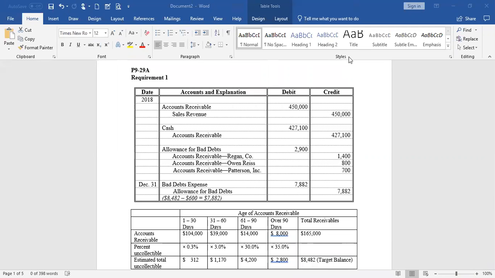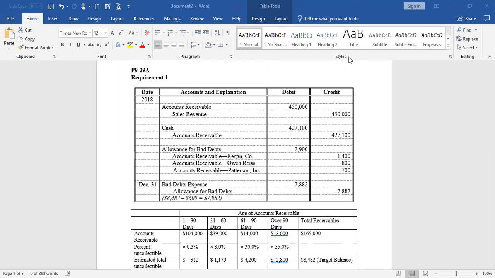The next transaction, they had some accounts that became uncollectible. So just like before, because it's the allowance method, the only difference between what we're doing here and what we did in problem 930A is the way we come up with the dollar amount to put into our journal entry for bad debt expense. That's it.